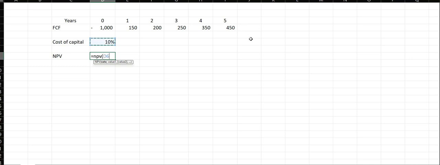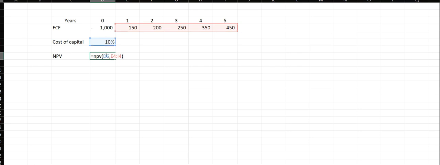So let's take 10%. Then you need to take the present value of the cash inflows first, because the cash inflows are given from year 1 onwards. So you can't take the year 0, which is the current year, into the calculation.